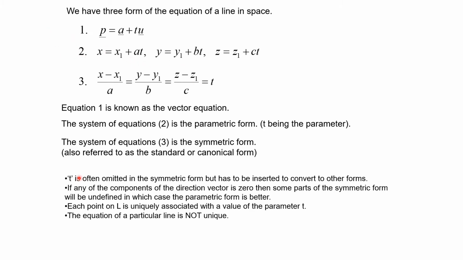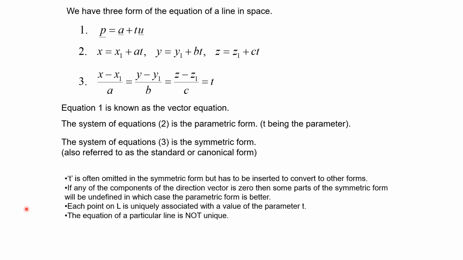And for the second point, if any of the values of ABC, which represents the direction vector, is 0, it's better to express your equation in parametric form. It's advisable.